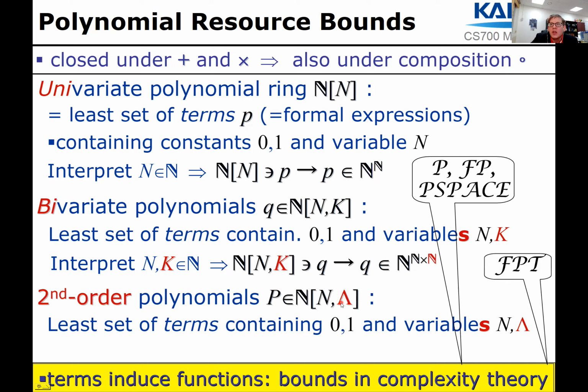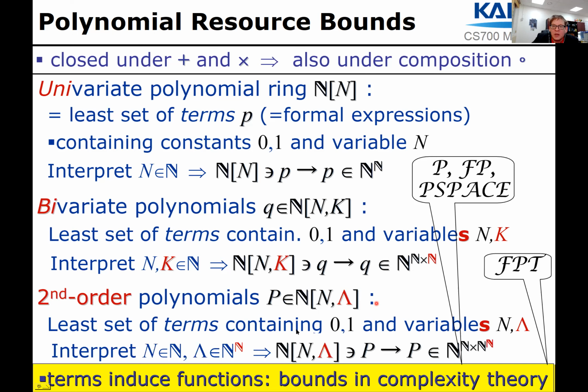And of course, now we need to observe some syntactic restrictions. But first of all, also here, we take the closure of these atomic terms under addition and multiplication, and we'll discuss closure under composition on the next slide. So please be patient about that.